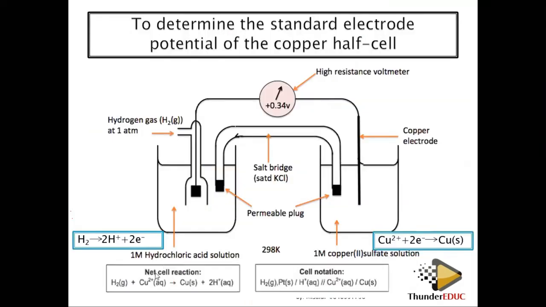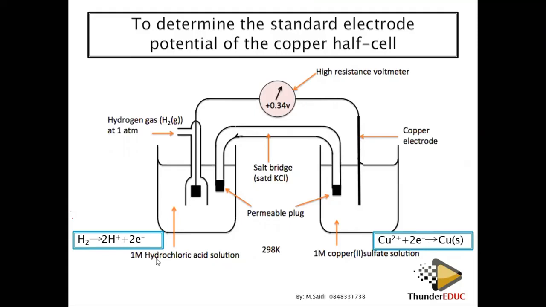How do you write the full reaction equation? Hydrogen, that's before the arrow, plus copper 2 ions, giving me after the arrow 2 hydrogen ions plus copper solid. This is what I'm trying to say.